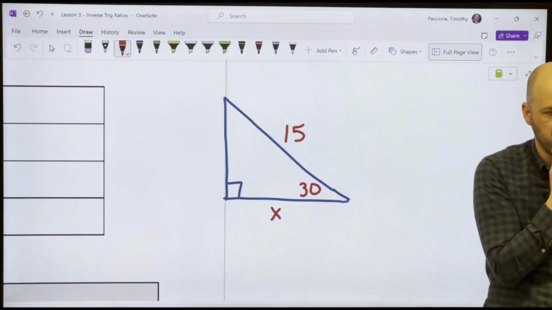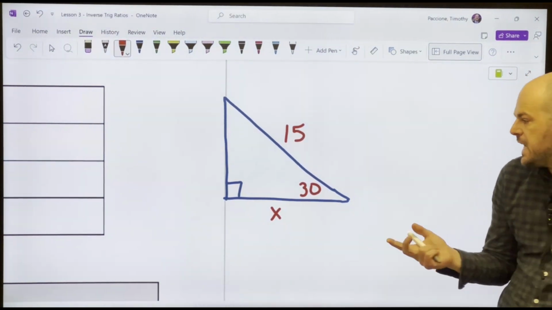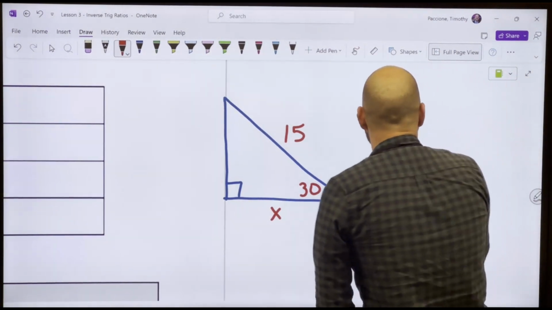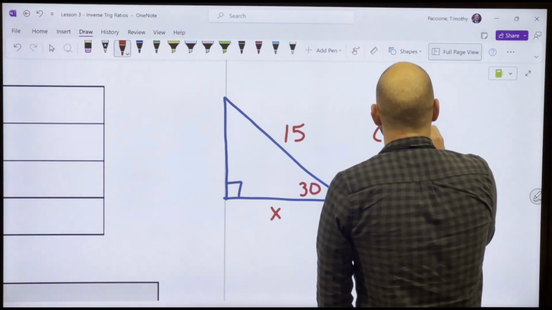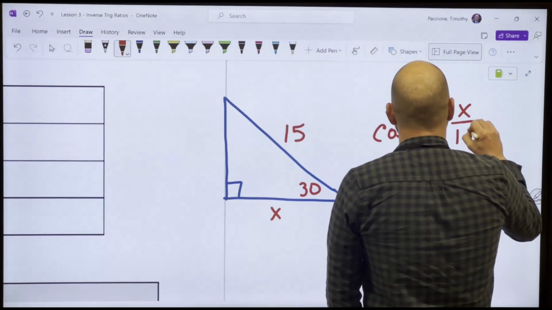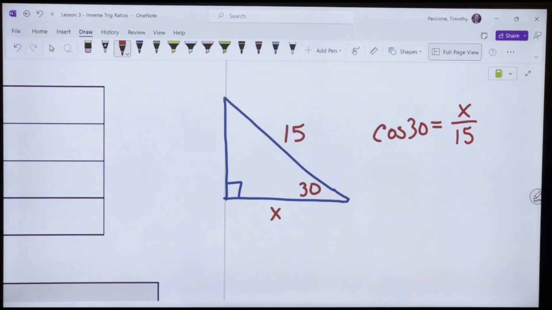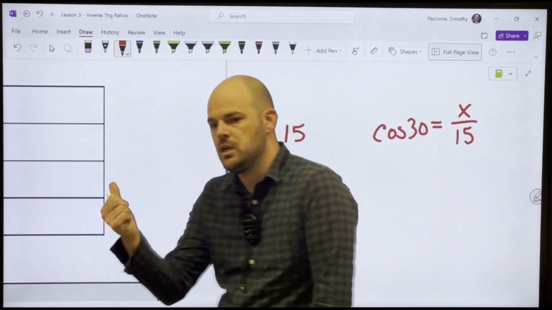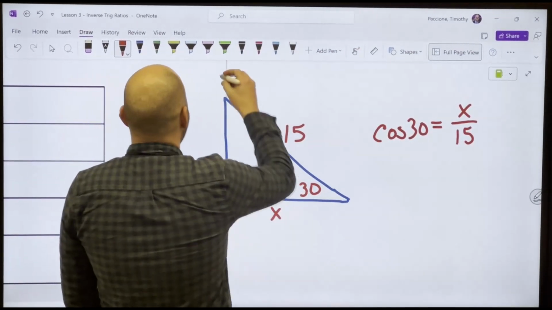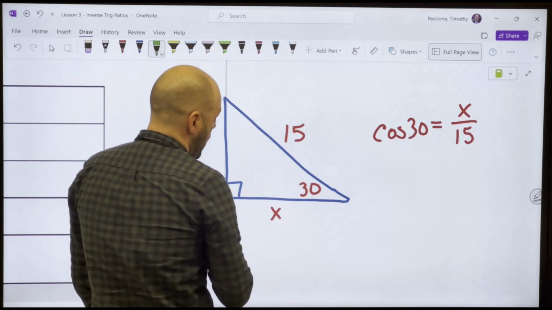That's where we're coming from. In this case, you'd be like, all right, this is my angle, that's adjacent, that's hypotenuse. So I'd say the cosine of 30 equals x divided by 15. And you solve for x. You would multiply by 15, you'd get your answer, right? That was yesterday's problem. I'm going to change the problem on you, and then you'll see where we're going.